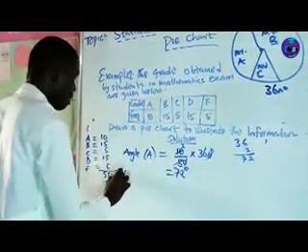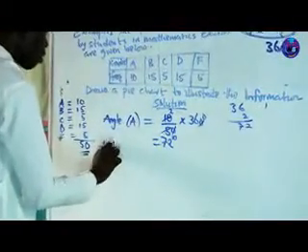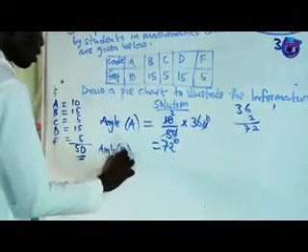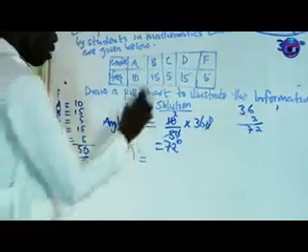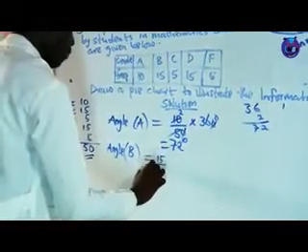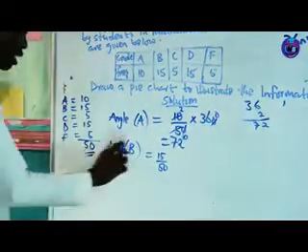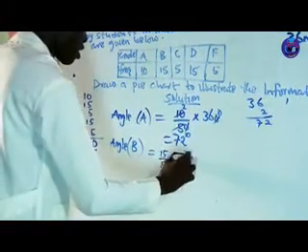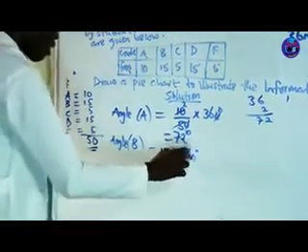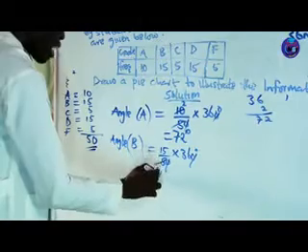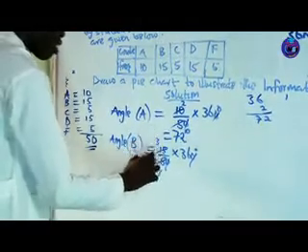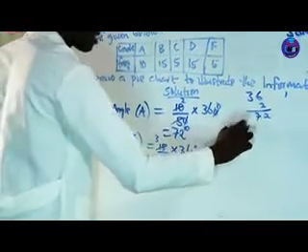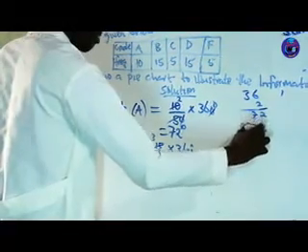Okay, you pick the same thing for angle B. It will give us 15 all over 50, which is the total, multiplied by 360 degrees. We cancel 0, and 5 here is 1, 5 in 15 is 3. So you are going to have 36 multiplied by 3.